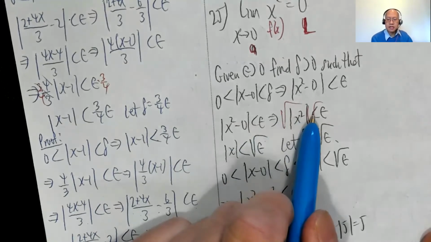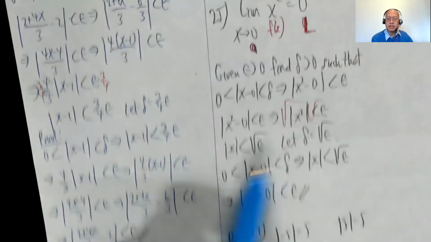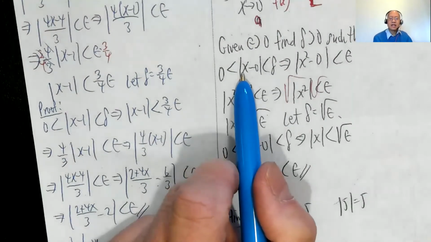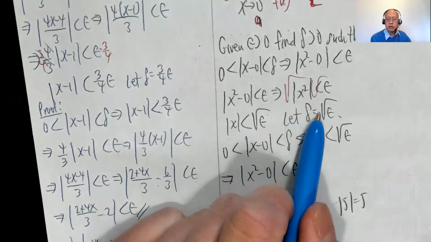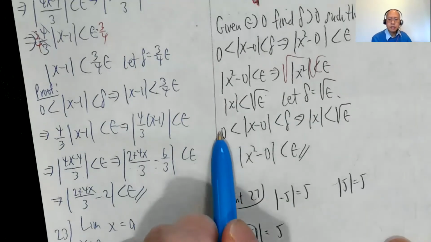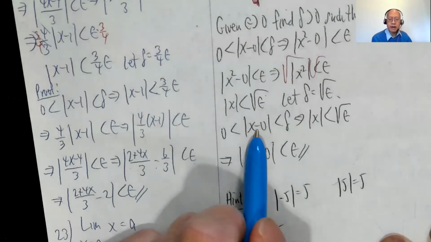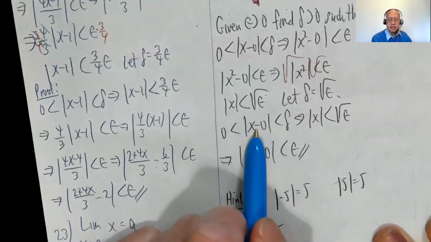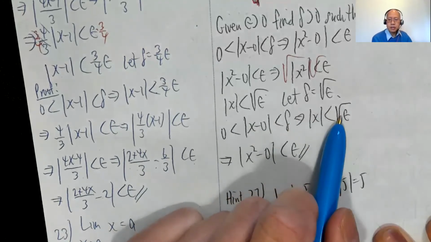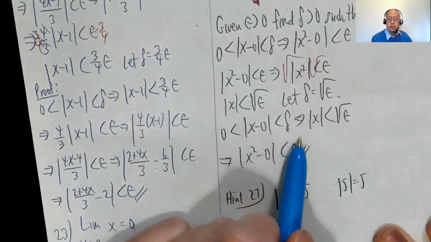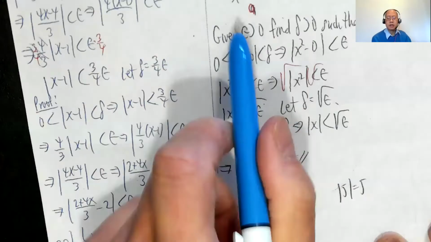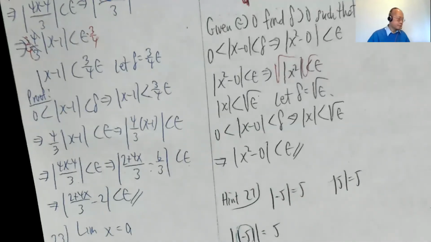That means x squared is less than epsilon. Take the square root of both sides. I have the absolute value of x is less than the square root of epsilon, and that is the left-hand side. So let delta equal the square root of epsilon. So retrace our steps. 0 less than the absolute value of x minus 0 less than delta. Change this to the absolute value of x is less than delta, which is equal to the square root of epsilon. Square both sides, so that implies the absolute value of x squared minus 0 is less than epsilon, which is what we were trying to prove.